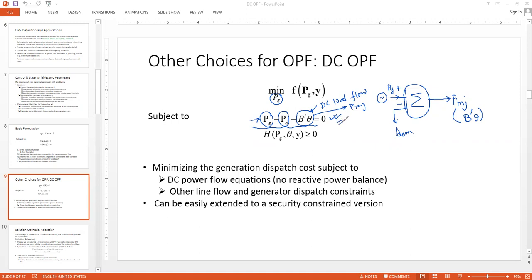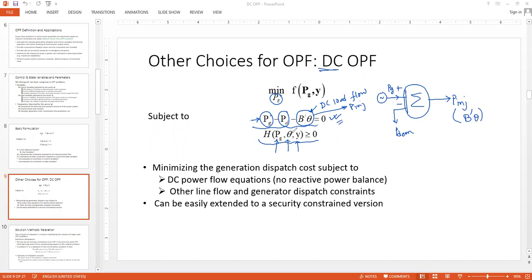And remember again, we don't have to bother about the reactive power balance because it is DCOPF. And also, another set of inequality constraints is there. The inequality constraint will again comprise PG, theta, and Y. So there won't be any QG limit checking in this case. We will only check the limits on PG.